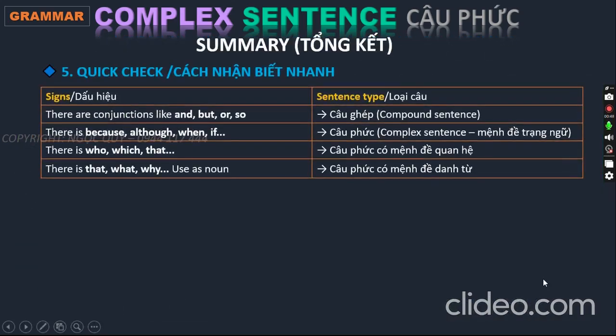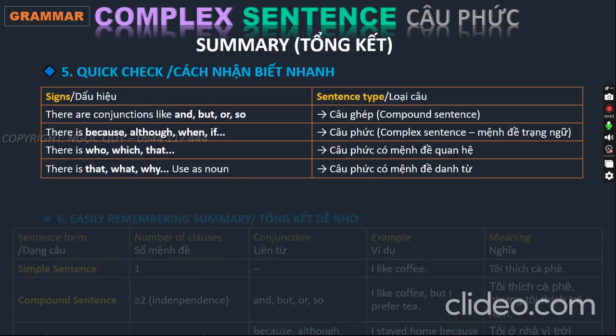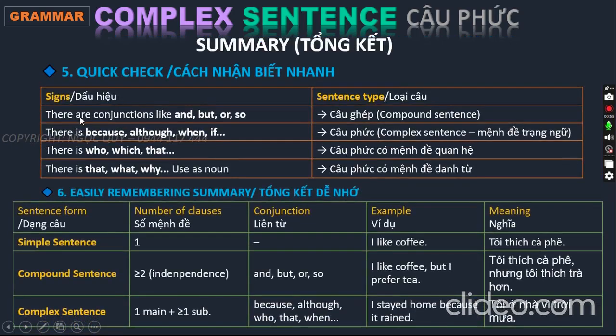And this is the quick summary for you to understand and remember. There are conjunctions like and, but, which make a compound sentence. There are because, although, when, if, which make a complex sentence.